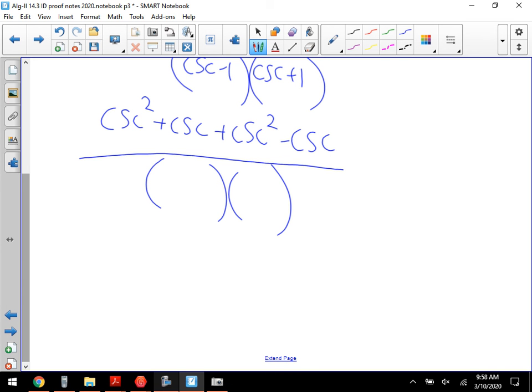What happens to your singular cosecants? Singulars drop, so you wind up with 2 cosecant squared over cosecant. What is that? Cosecant.